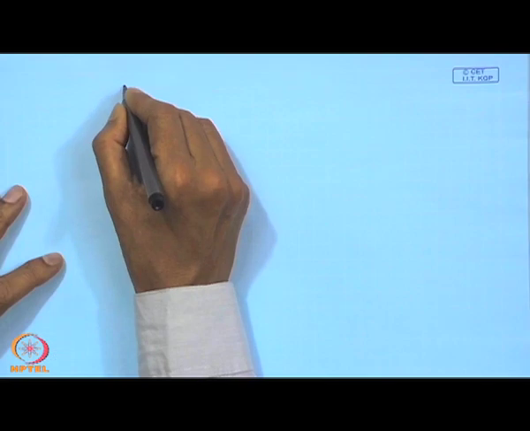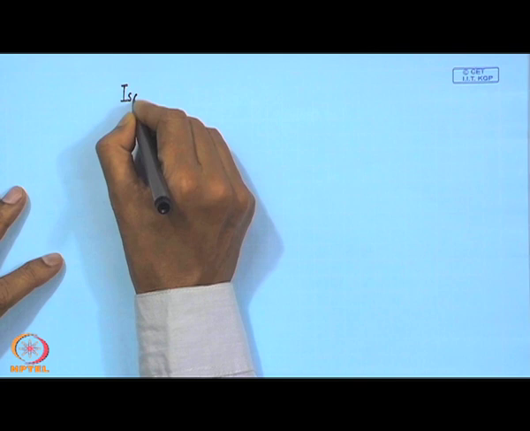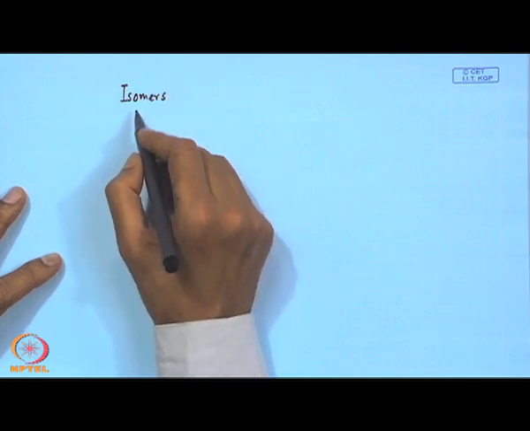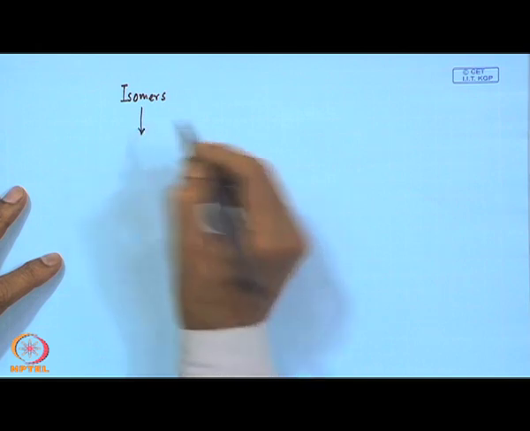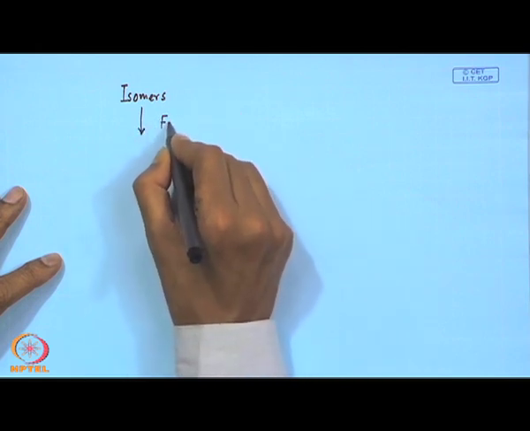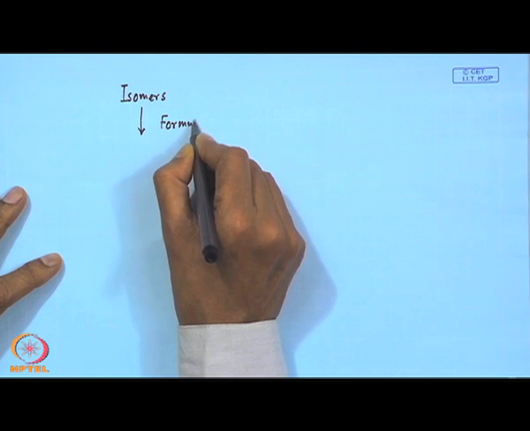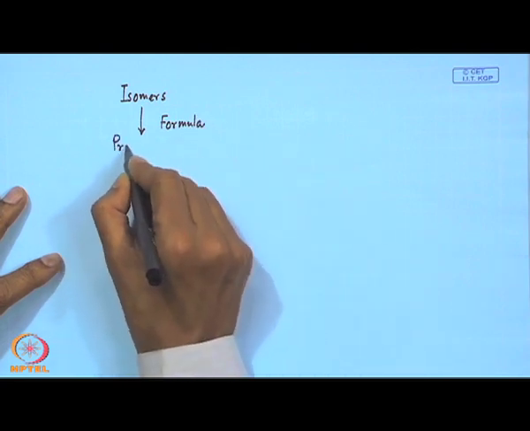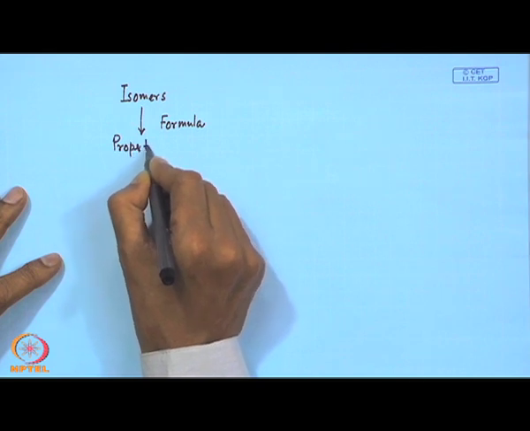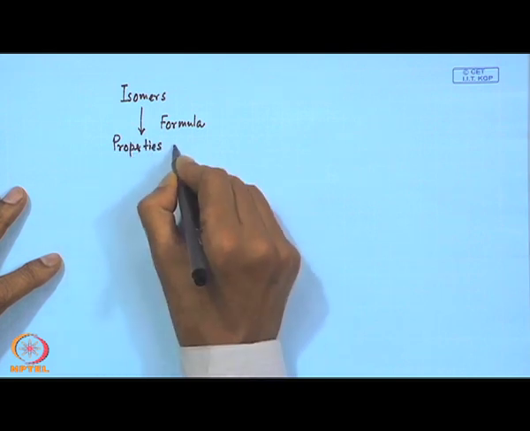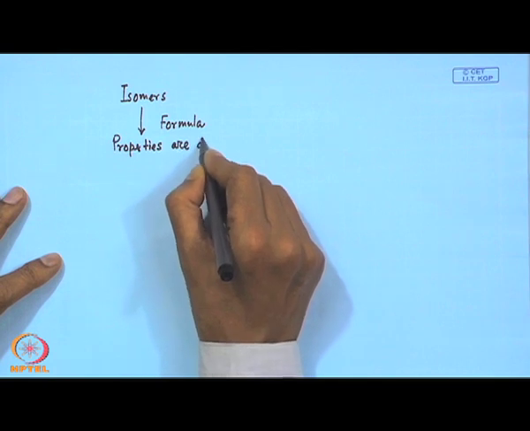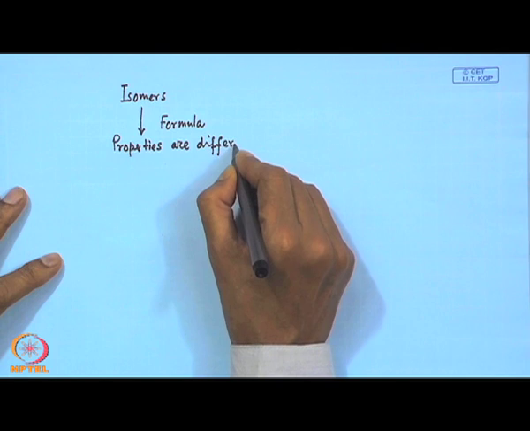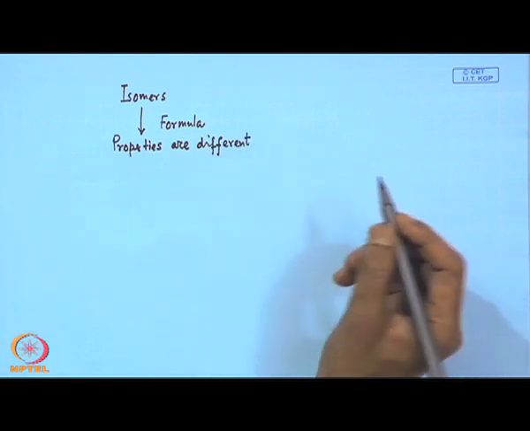So, the isomers which we can have, the formula is same, but the properties are different.